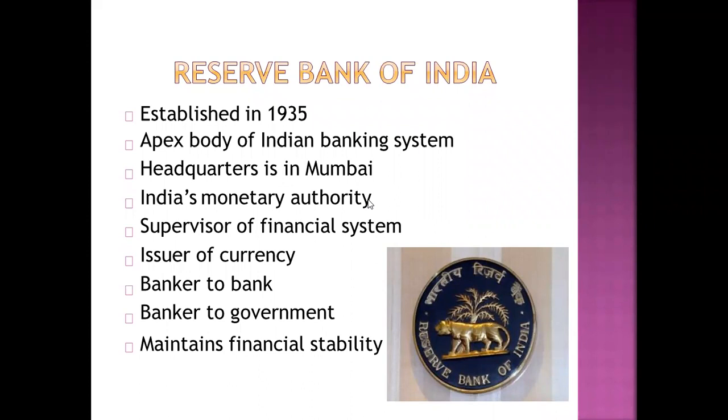They provide finance to numerous branches of the banks and supervise the financial system. They issue the currency, act as banker to banks and banker to government, and maintain financial stability. The RBI controls all the branches running in India.